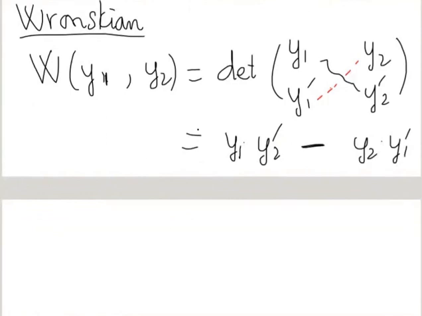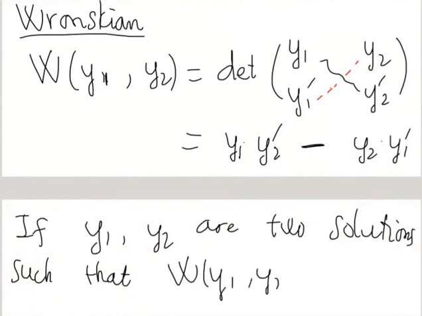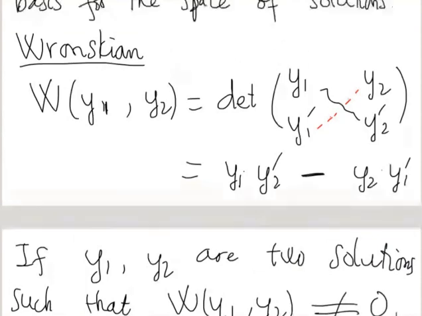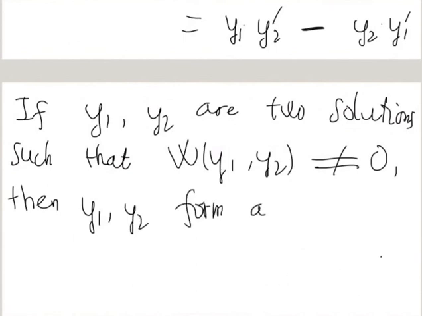And the criterion is that if y1, y2 are two solutions such that the Wronskian W of y1, y2 is not zero, then y1, y2 form a basis for the space of solutions.